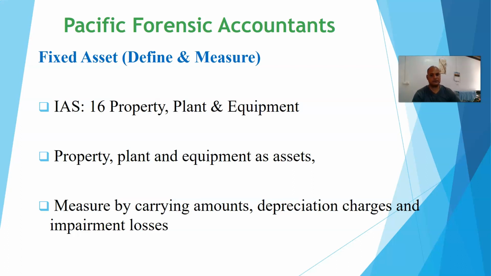They have to have depreciation charges and impairment losses. If an item can be measured through its carrying amounts, depreciation charges, as well as impairment losses, then that particular item can be allocated as an asset.